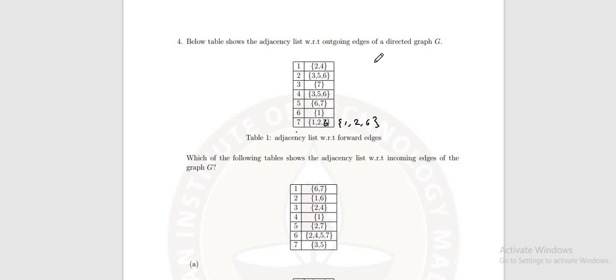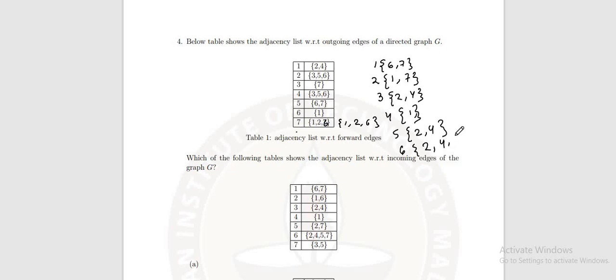Here we can write it simply for our convenience. 1 will have 6 and 7. 2 will have 1 and 7. 3 will have 2, 4. 4 will have 1, that's it. 5 will have 2 and 4. 6 will have 2, 4, 5 and 7. And 7 will have 3, 5.